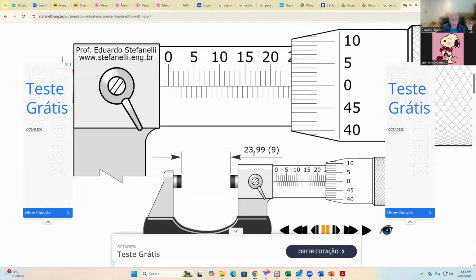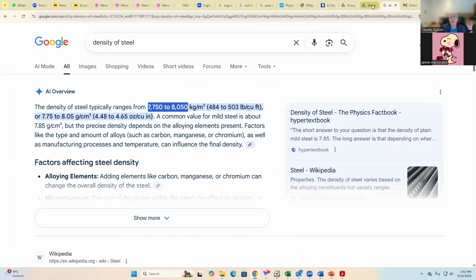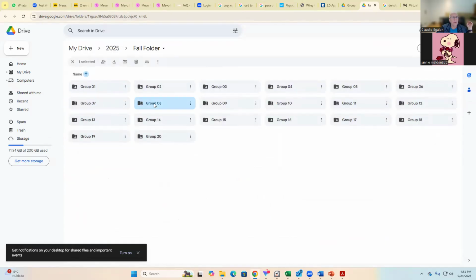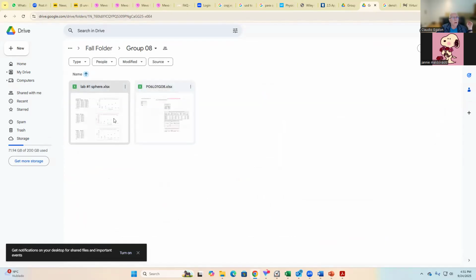Group number 8. Okay, this one here. Make sure you keep the same title, so group 8.